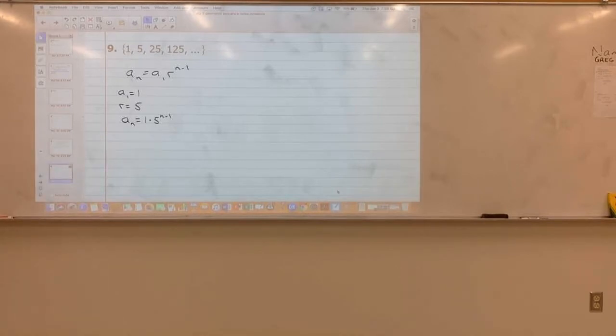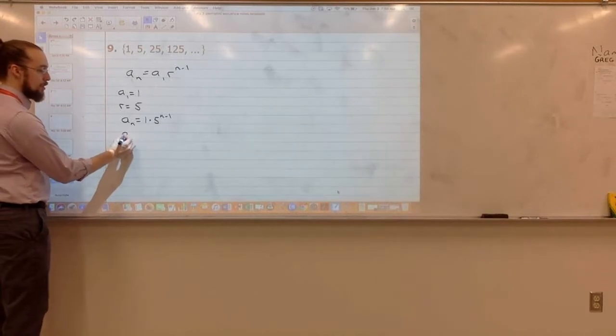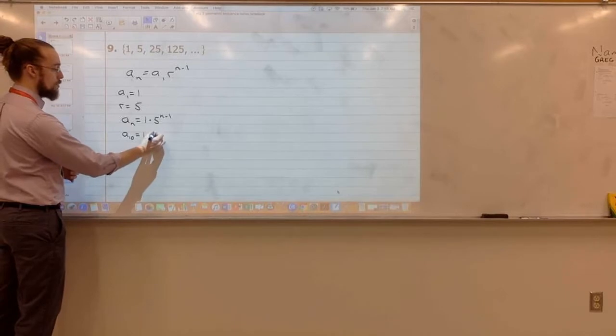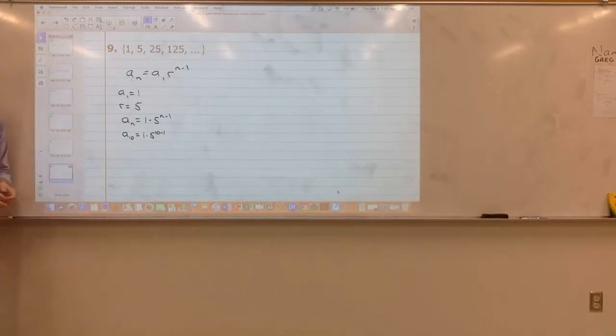Now, if the second part is to find the 10th term, I'm just going to plug 10 into this rule. So 1 times 5 to the 10 minus 1 power. It's going to be a pretty big number.